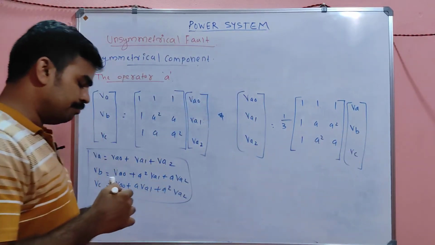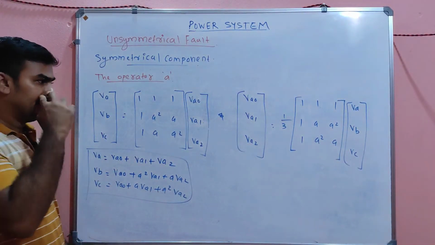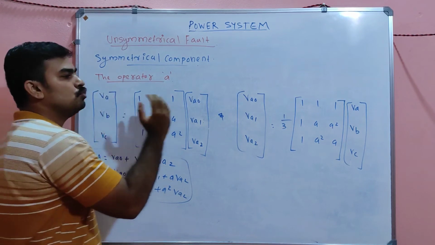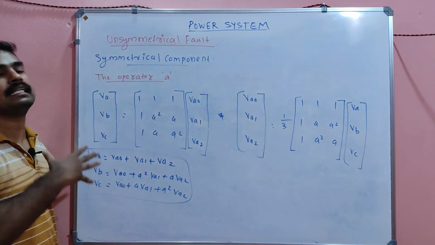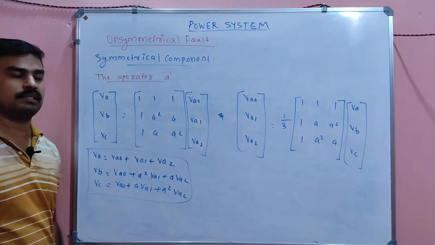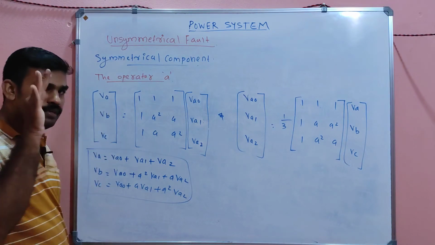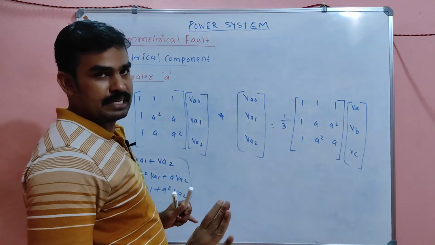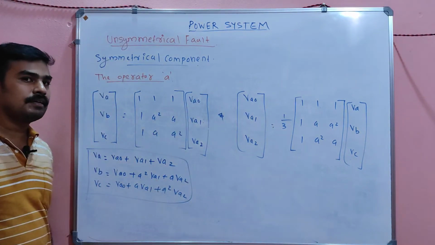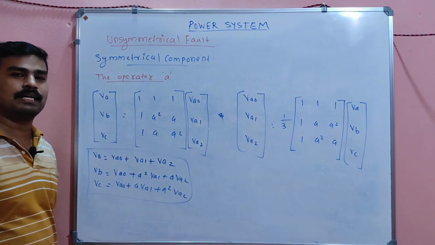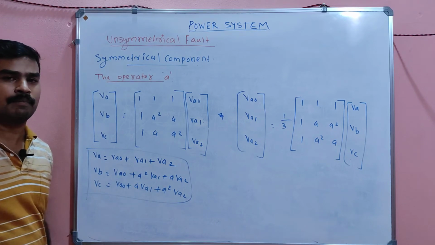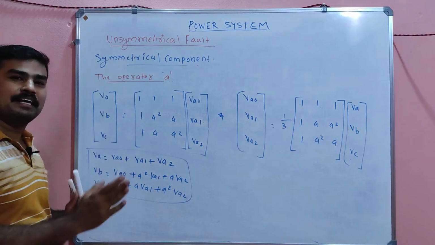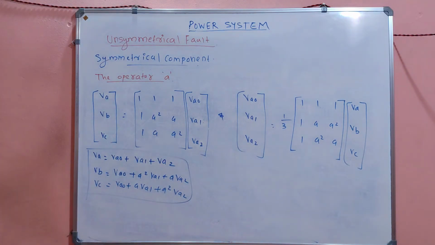Both relationships you should know. You just learn these two matrices by heart, then easily this three-phase fault can be calculated. This will be slightly confusing now, don't worry, just focus on these two matrices. When we are solving the line to ground fault, line to line fault, double line to ground fault, etc., definitely these things can be applied there, so that it will be very easy for you then.